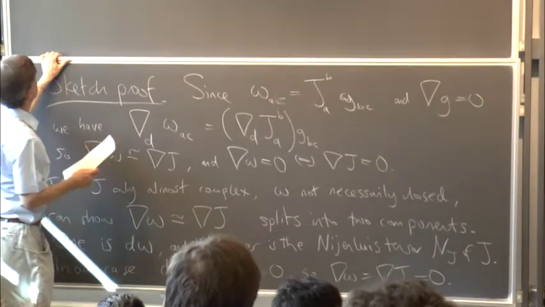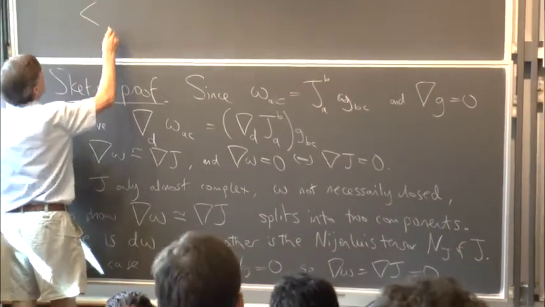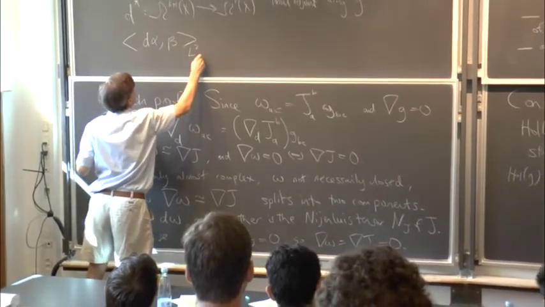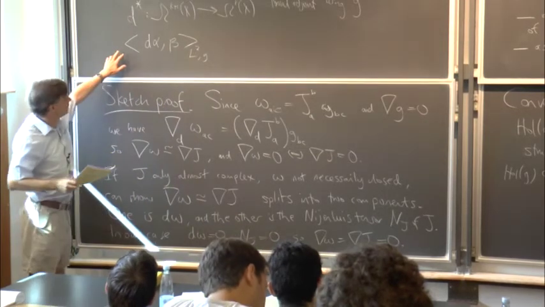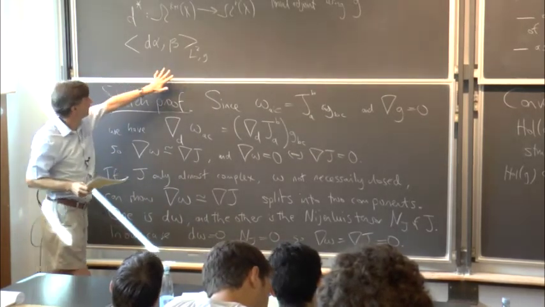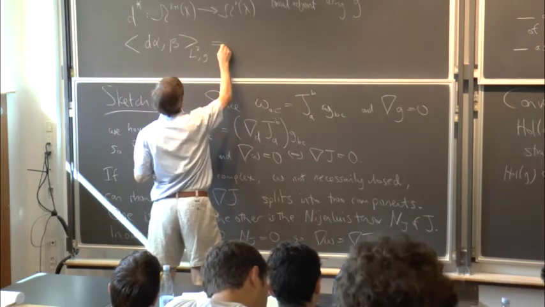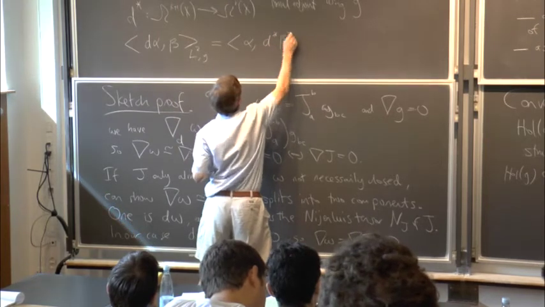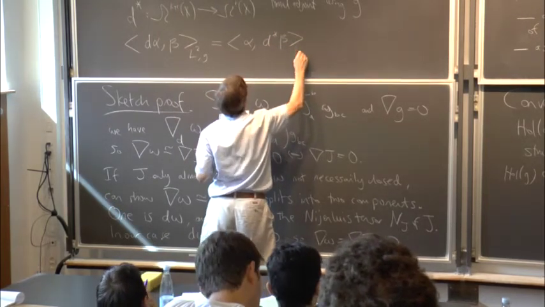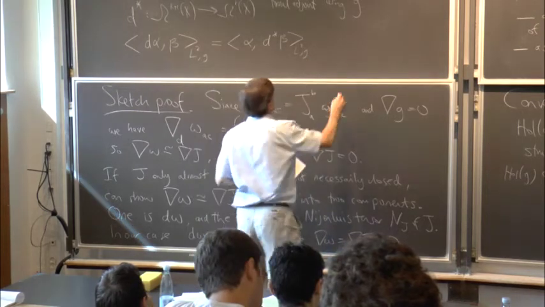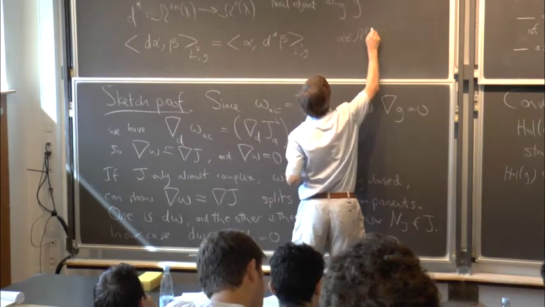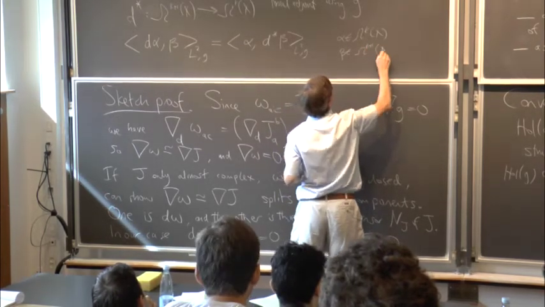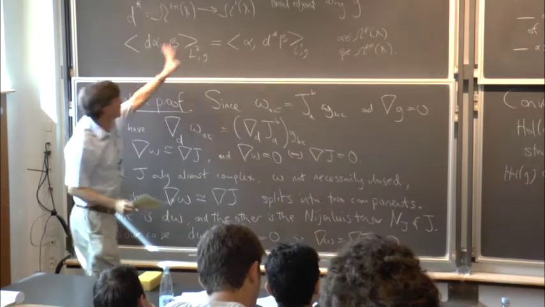The defining property is that the L2 inner product between dα and β, formed using g, is equal to the L2 inner product of α and d*β, where α is a k-form and β is a (k+1)-form.